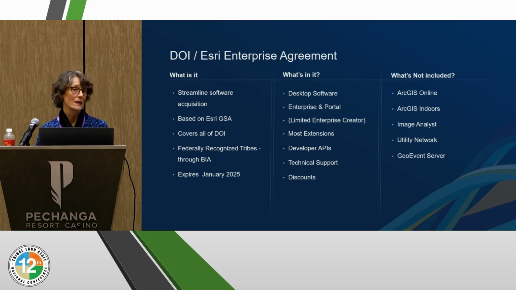ArcGIS Indoors is not included. Image Analyst, Utility Network, GeoEvent Server, those are just some of the few examples. If anybody knows anything about GSA schedules, essentially all the Category A products are included in the enterprise agreement. Category B products come at a discount, and Category C products are straight GSA pricing.